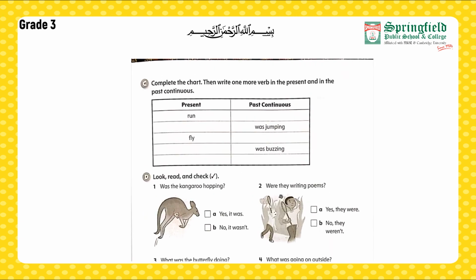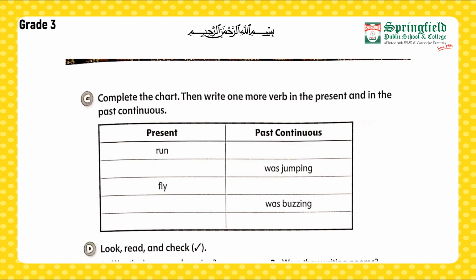Moving towards our part C. Complete the chart, then write one more verb in the present and in the past continuous. So here we have got a chart. First of all, we have got run in the present. For past continuous, how are we going to write? Was running. And then you can see down, we have got written in the past continuous column, was jumping.